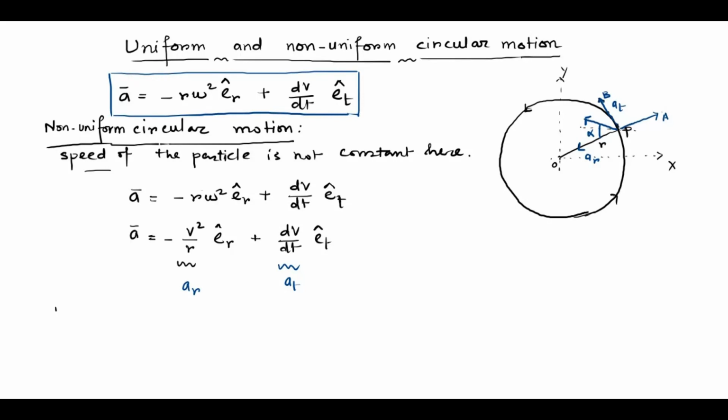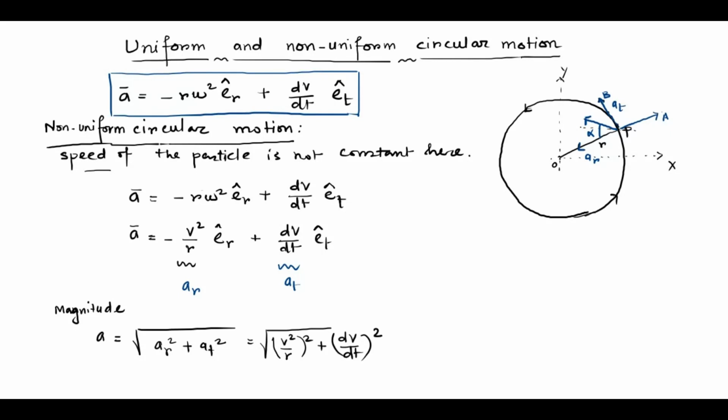The magnitude of the resultant acceleration is the root of a_r square plus a_t square, so it is (v square by r) whole square plus (dv by dt) whole square.